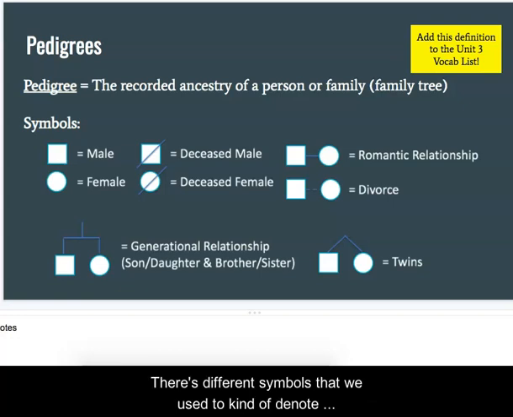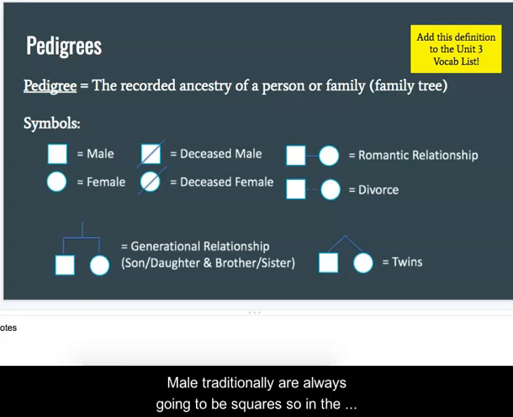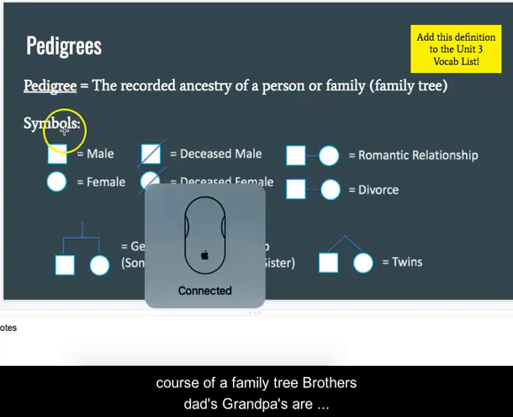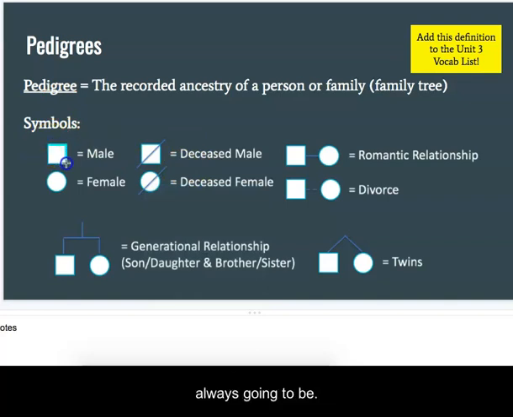There are different symbols that we use to denote males and females and to show a family line. Males traditionally are always going to be squares. In a family tree, brothers, dads, and grandpas are always squares.